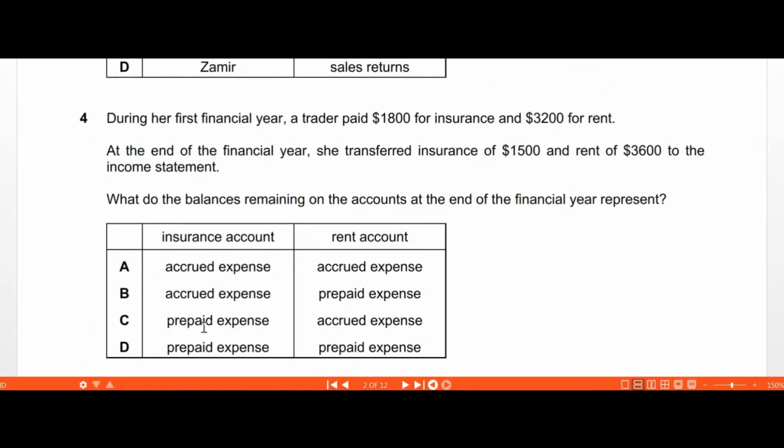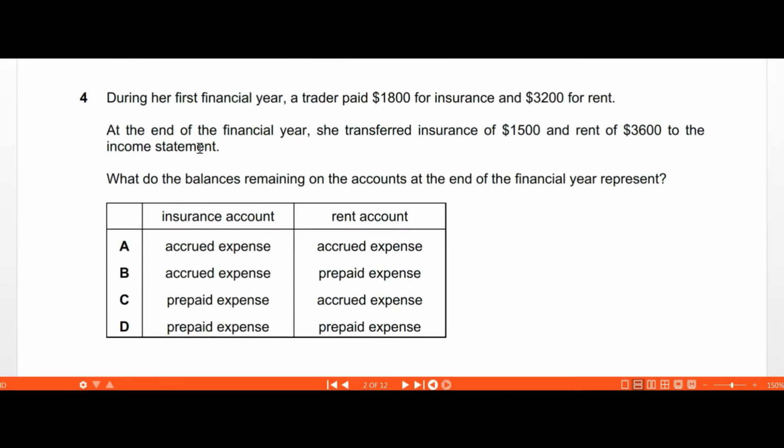Moving on to question 4, during her first financial year, a trader paid 1800 for insurance and 3200 for rent. At the end of the financial year, she transferred insurance of 1500 and rent of 3600 to the income statement.